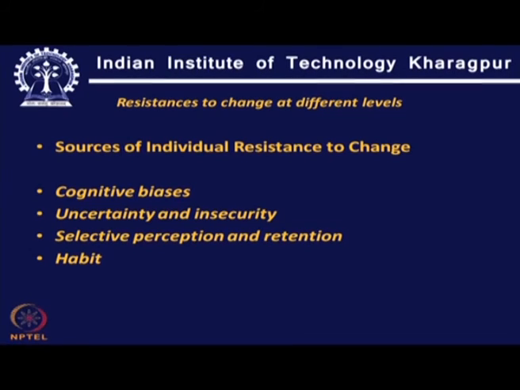Due to selective perception and retention, they are not able to interpret the change properly, and for some people it is a very habitual act to resist anything that is suggested. So, these could be the sources of individual resistance to change.